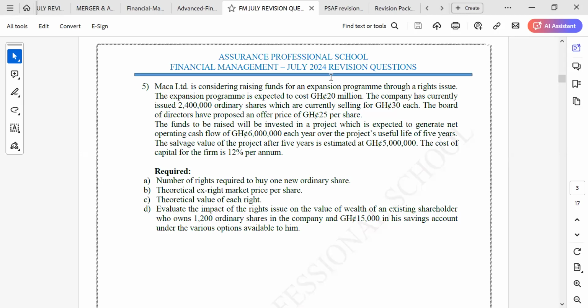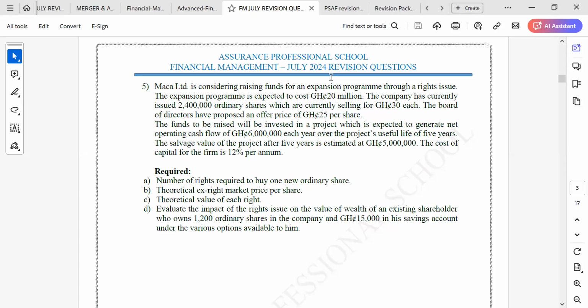They say they want to raise this amount through a right issue, isn't it? All right. What is the right issue price? 25 cedis per share. The right issue price is the offer price per share.